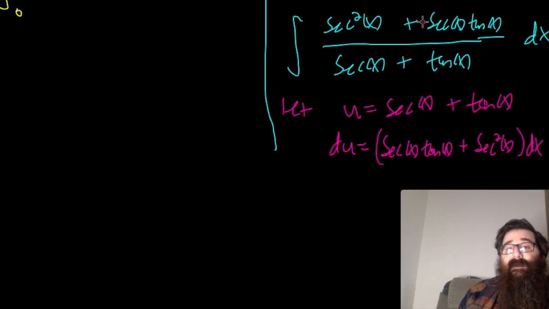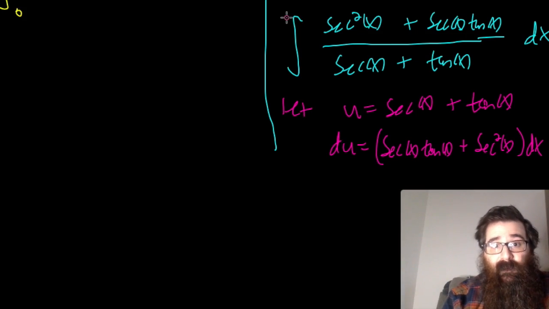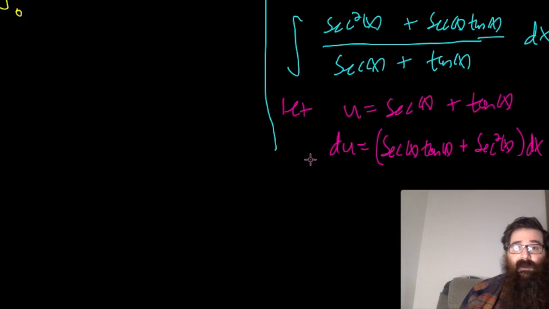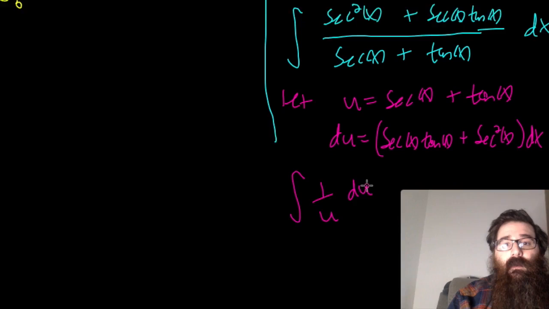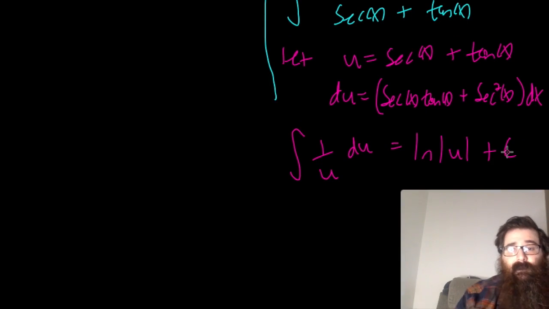And that's conveniently what we have in the numerator identically, secant tangent plus secant squared. So it's almost by some miracle that this works out, and we get the antiderivative of 1 over u du, which we can integrate to give us natural log absolute value of u plus a constant c.